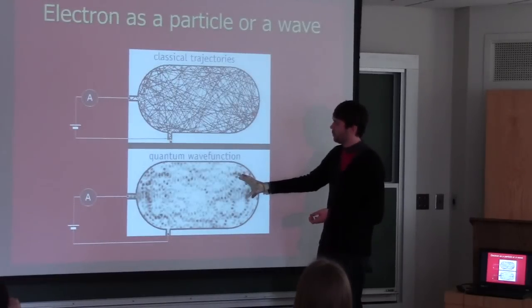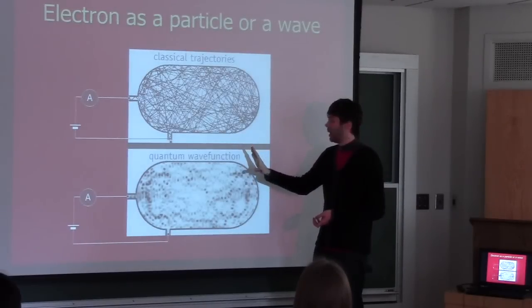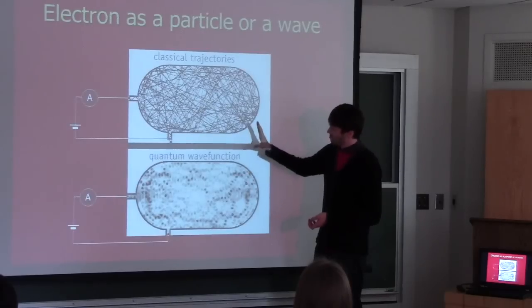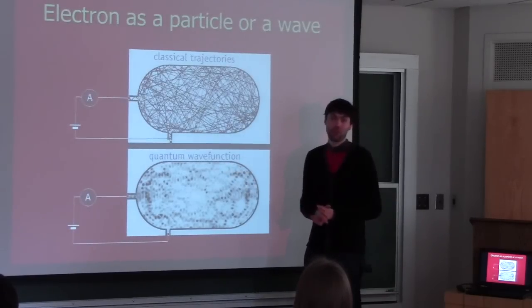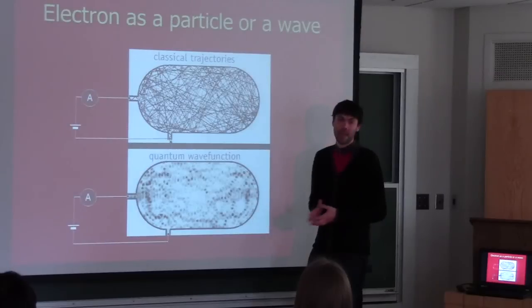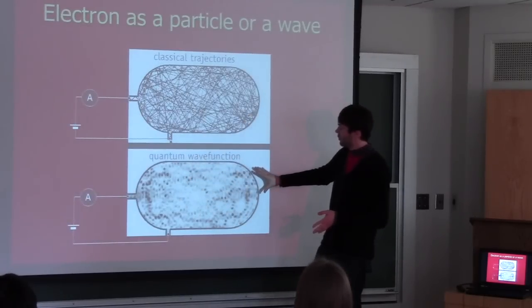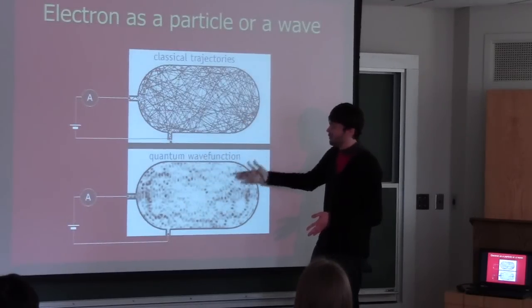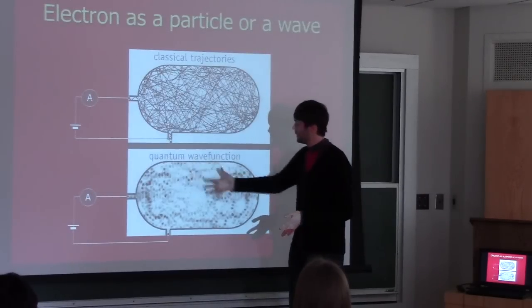Now this is an example where we have done something to this system, the same sample, and we can no longer treat the electron as a classical ball, but we have to describe this entire cavity with a wave function. This is an example of a wave function formed by interference of electrons living inside this cavity.